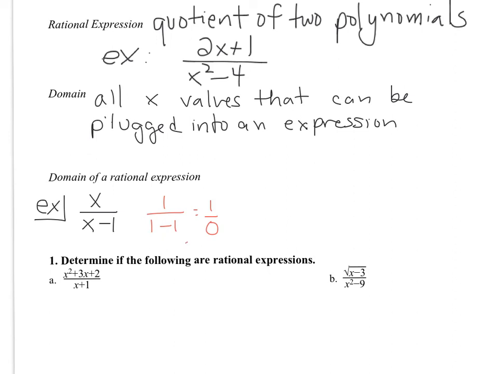You can never have a 0 on the bottom, or this is what we call undefined. So this is actually not allowed. So the domain of every rational expression, we say, is all real numbers, except those that make the bottom 0.